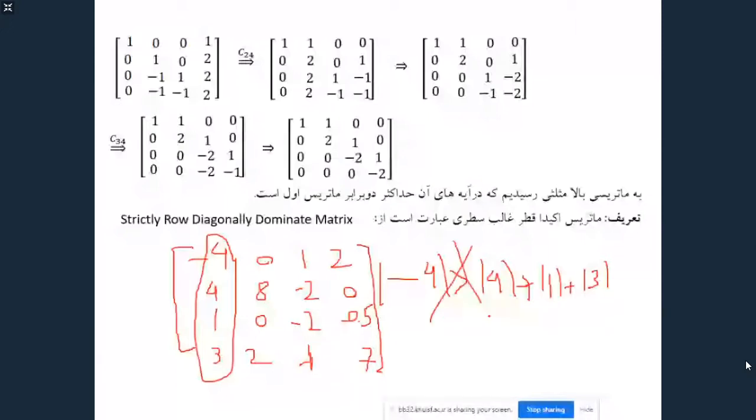It's not correct. So this example is not a strictly column diagonally dominant matrix.